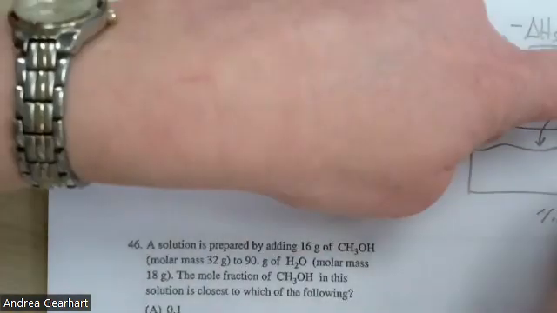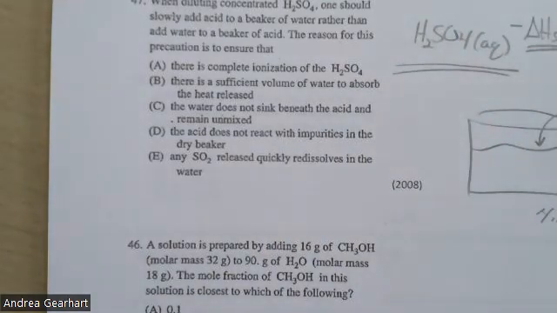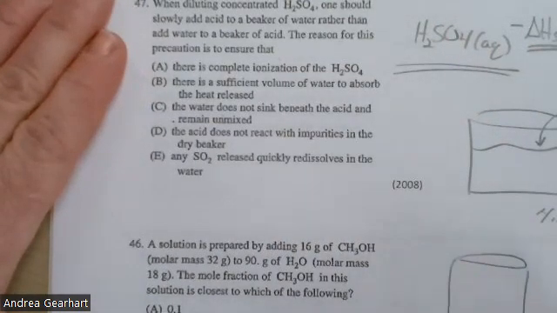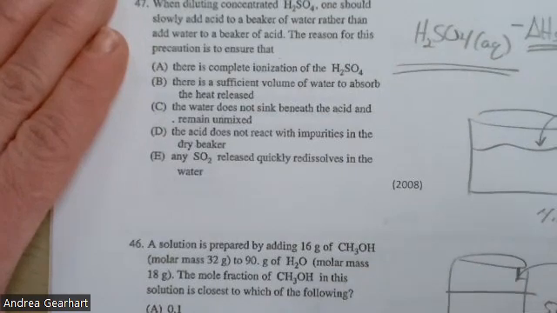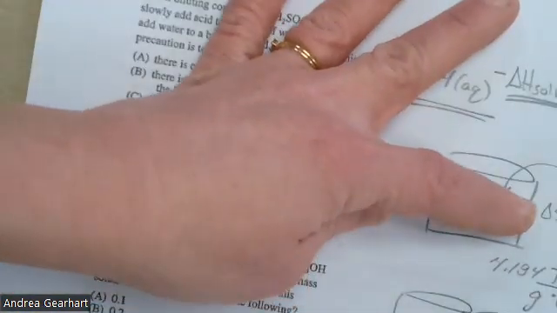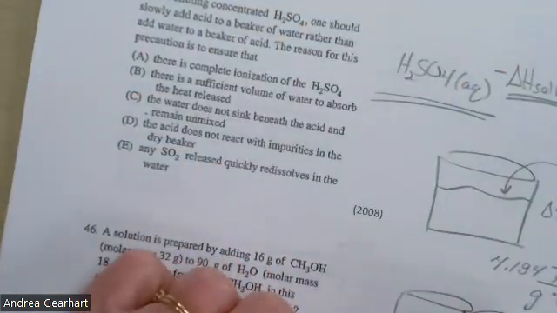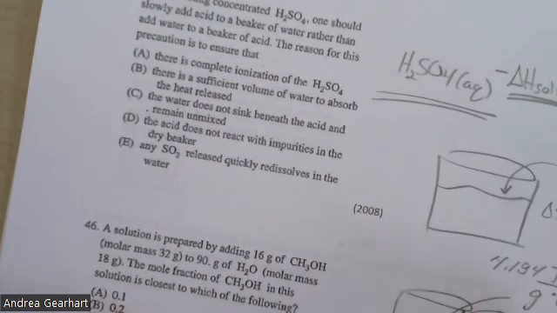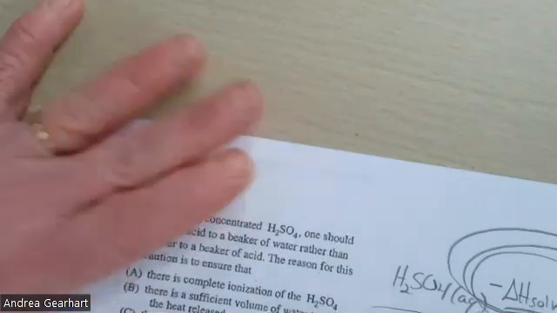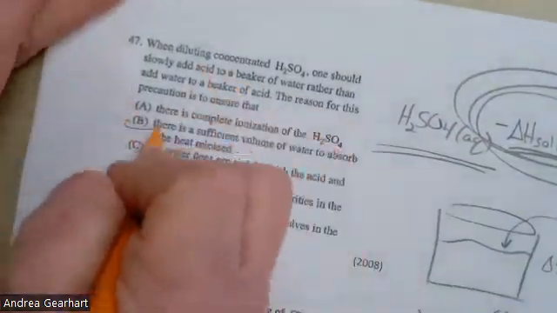If we add acid to water, there's a lot of water that will remain in excess to what interacts with the acid. If we do the opposite, if we have acid and we add the water, that can have a great change in temperature, which could boil this, and you have vapor, which could splash on you. That's why we don't do that. It's all because of this. So the answer is B for 47.